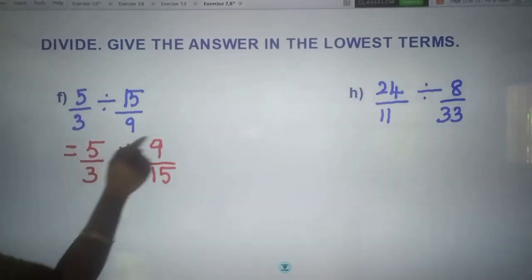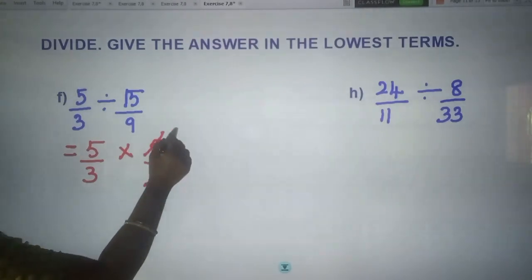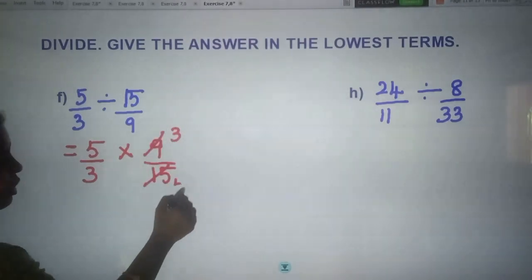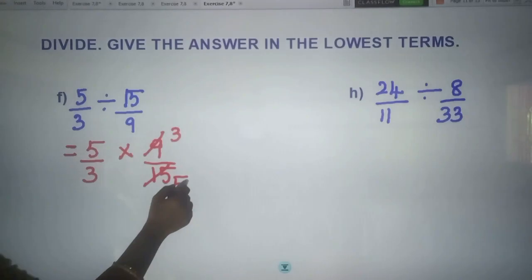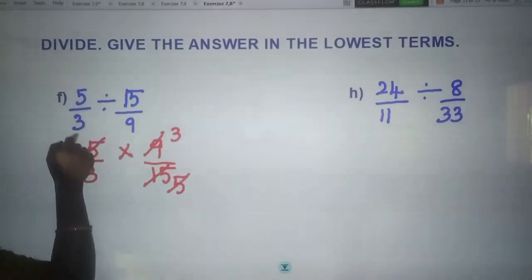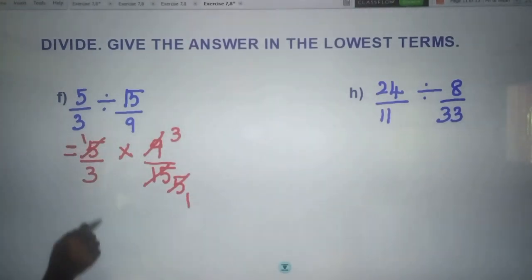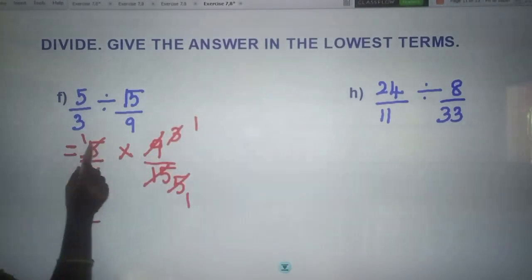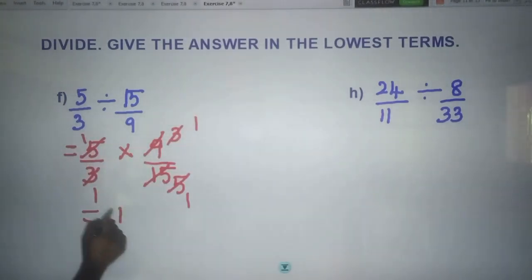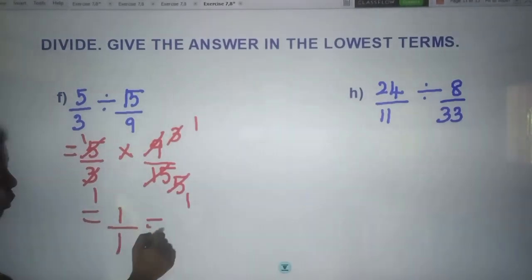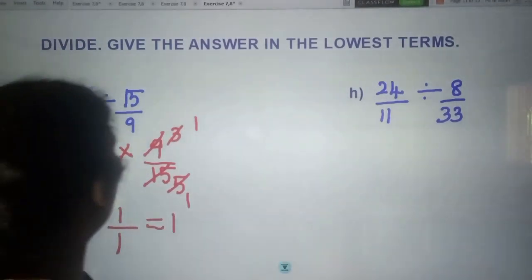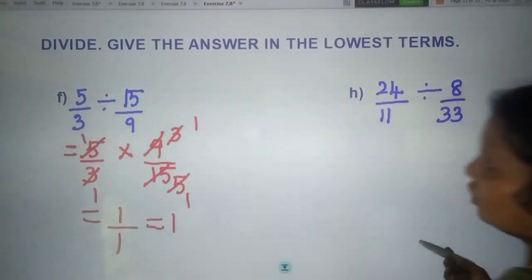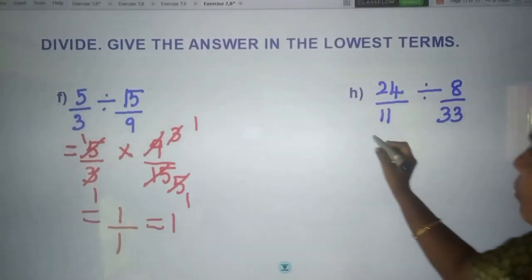Here we are going to cancel this 9 and 15 by 3 tables. 3 3s are 9, 3 5s are 15. Then this 5 and this 5 get cancelled. 5 ones are 5. The same way, 3 ones are 3. So 1 ones are 1. The denominator also 1 ones are 1. Therefore, the value will be 1 here. Is it clear, ma?